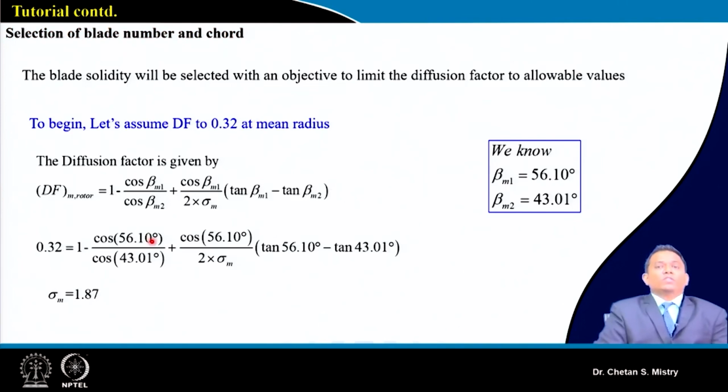Now once the chord is known to us, we are not yet aware of what our solidity will be. That solidity we will be using for the calculation of our diffusion factor, and even for the calculation of the number of blades. So in this case, you can assume the number of blades, and based on that you can calculate solidity and diffusion factor.